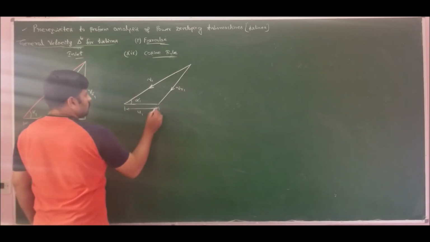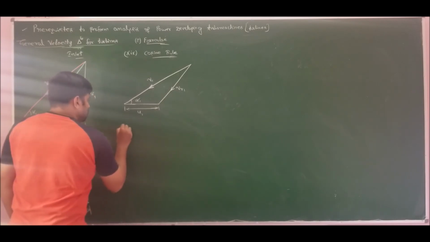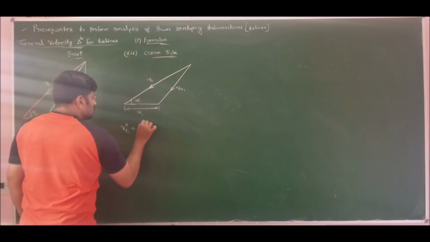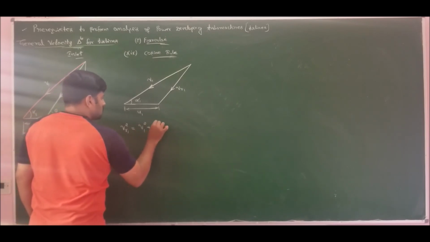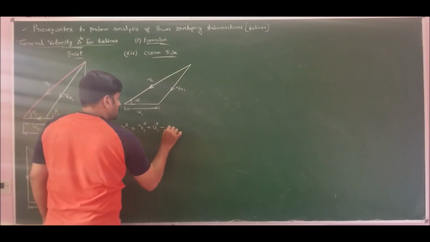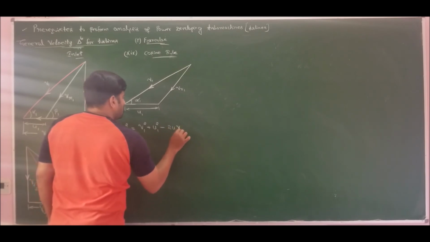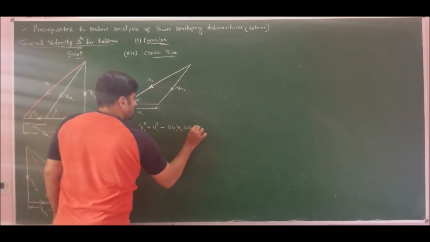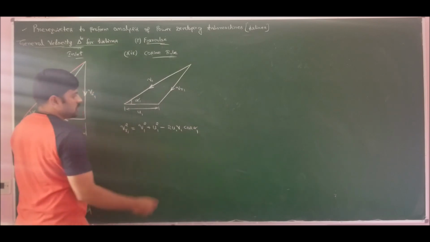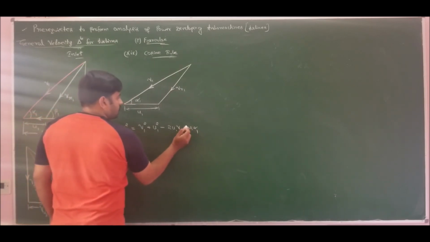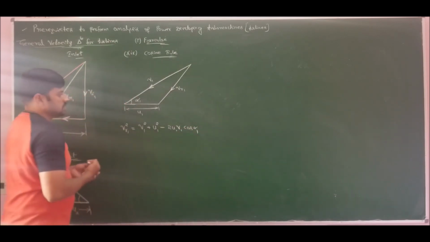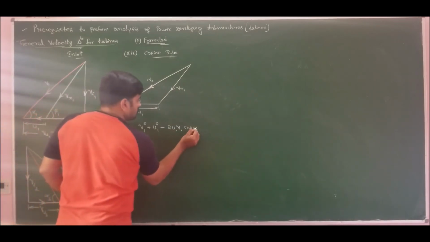So from cosine rule I can write that VR1 square is equal to V1 square plus U1 square minus 2 U1 V1 cos alpha 1. Make a note of it, which might be required to solve problems.